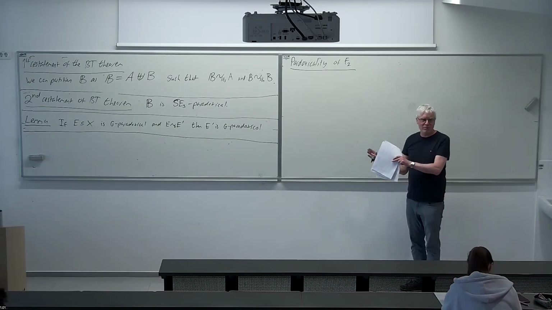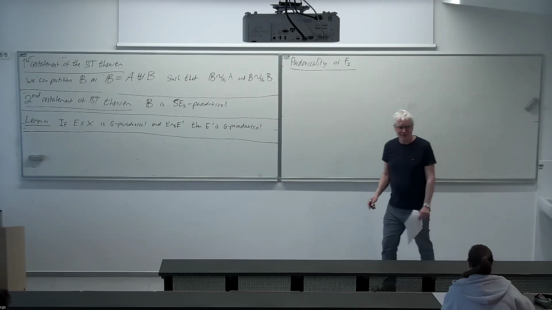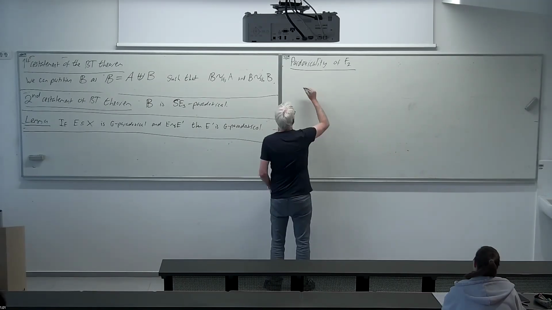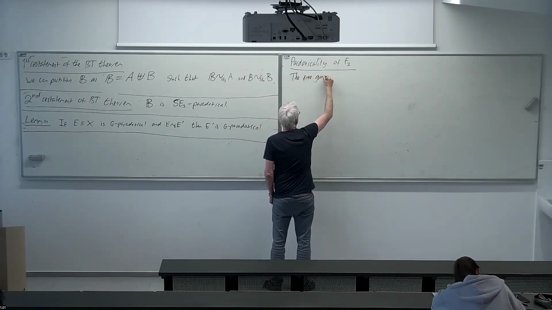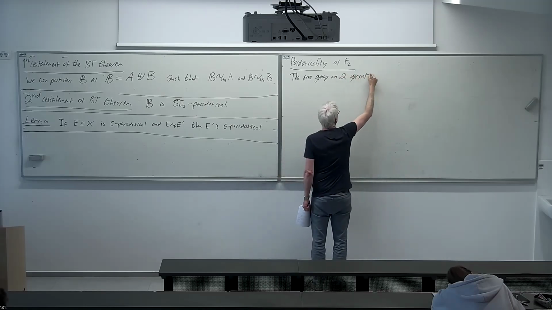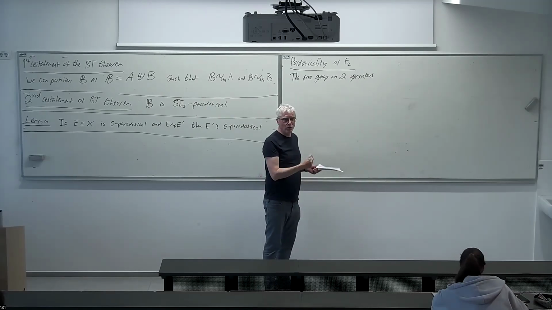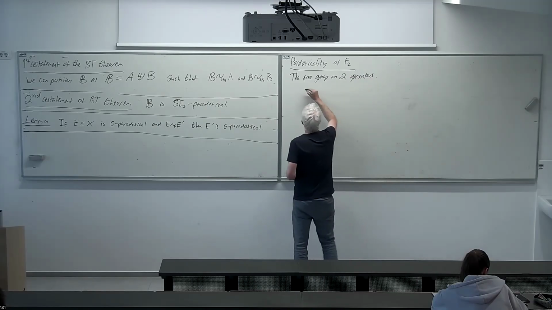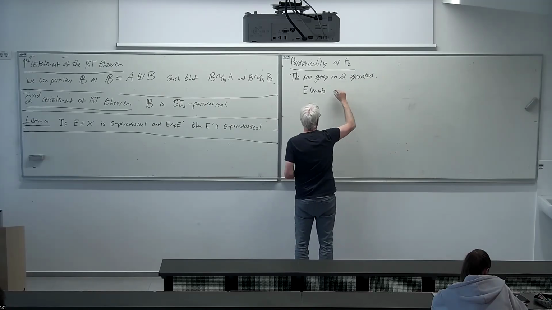Fortunately, the free group on two generators is easy to introduce. So the free group on two generators we can view as its elements are words, or finite sequences, if you like.